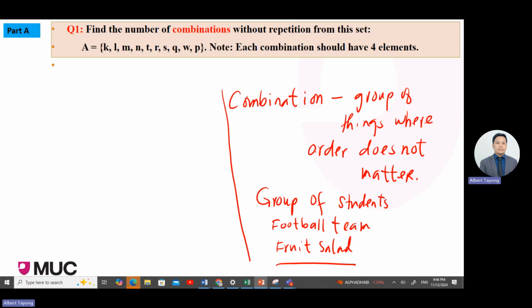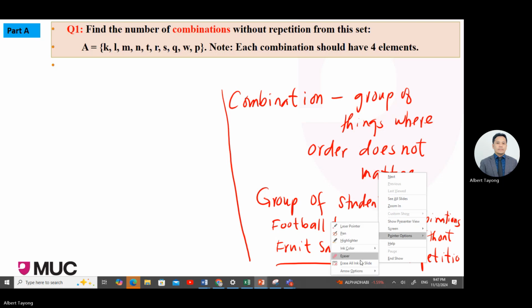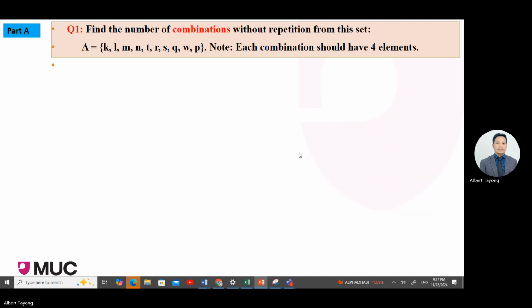And we have two types of combination. One is combination with repetition. The other one is combination without repetition. The examples I gave here are combinations without repetition.